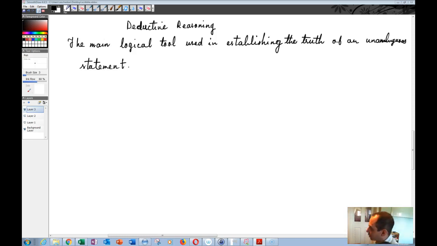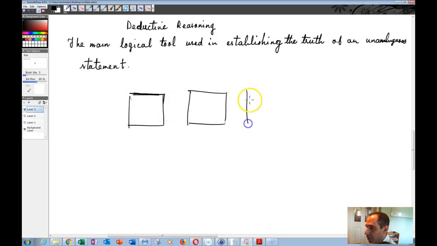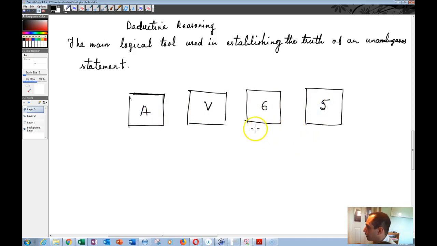But for now, I'm just going to give you something like a puzzle. Suppose that you are given 4 cards like this. So you have one card over here, another card over here, another card over here, and another card there, and you have A, V, 6 and 5 on these cards. Suppose that you're told that these cards follow the following rule.